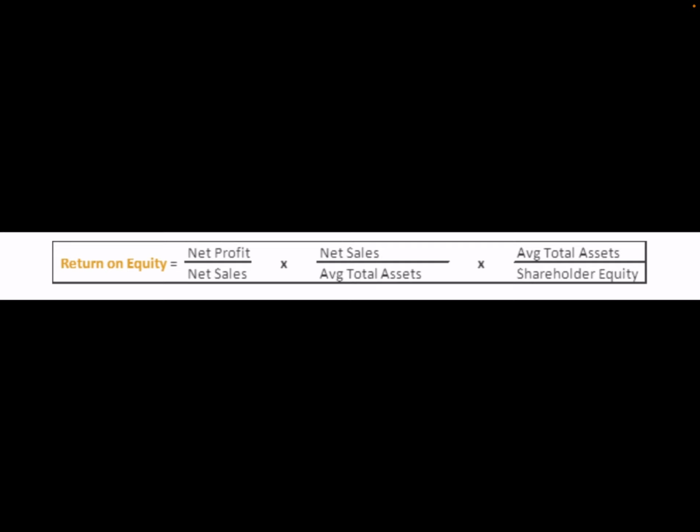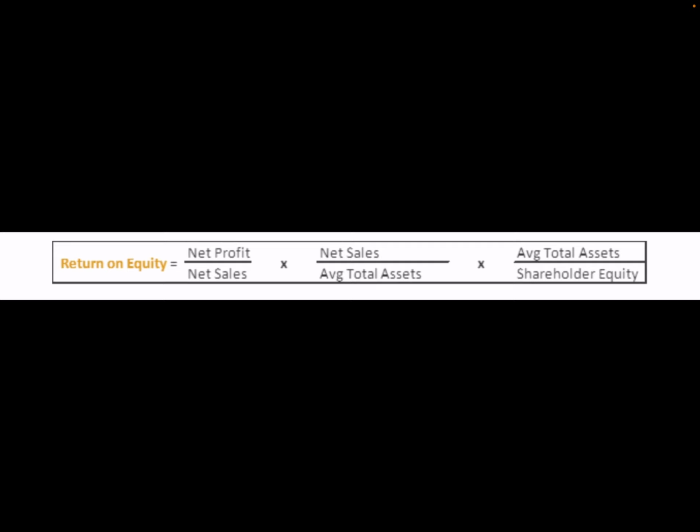This is the first part of the DuPont model, and it expresses the company's ability to generate profit. This is nothing but the PAT margin we looked at in the earlier video. A low net profit margin would indicate higher cost and increased competition.